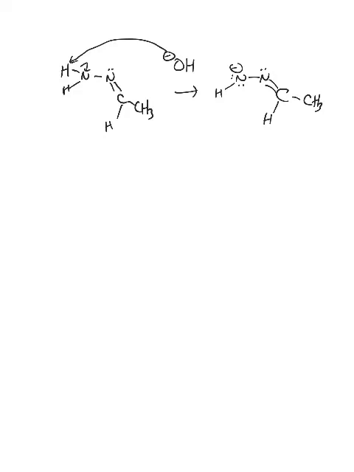Now we can draw a resonance structure of this where we form a double bond here and break that double bond and have the nitrogens with a double bond, a single bond to the carbon. Carbon has a negative charge on it now, and then we have the methyl and the hydrogen.